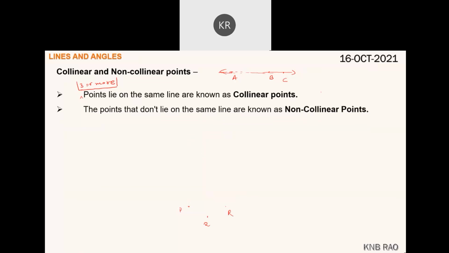The points that don't lie on the same line are known as non-collinear points. So, an example for collinear and an example for non-collinear. This is one of the important points we learned in our previous classes.